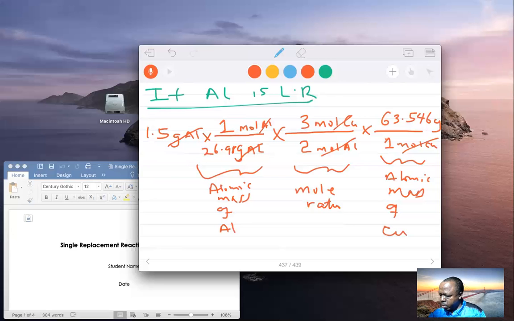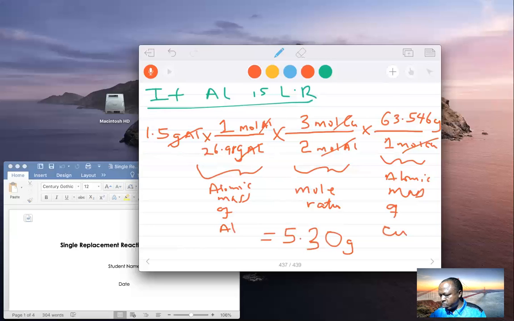So this gives me 5.2994. Let me just use 3 significant figures. This is grams of copper.